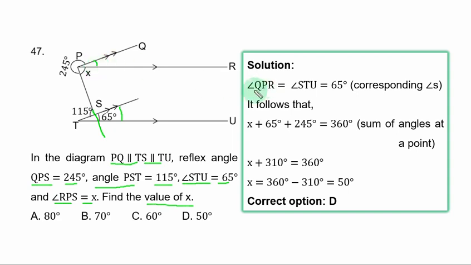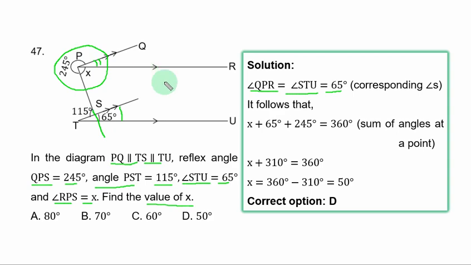So you have angle QPR, that is this angle, is equal to angle STU, and is equal to 65 degrees, corresponding angles. It follows that if you add all the angles in this place, the sum is 360 degrees.